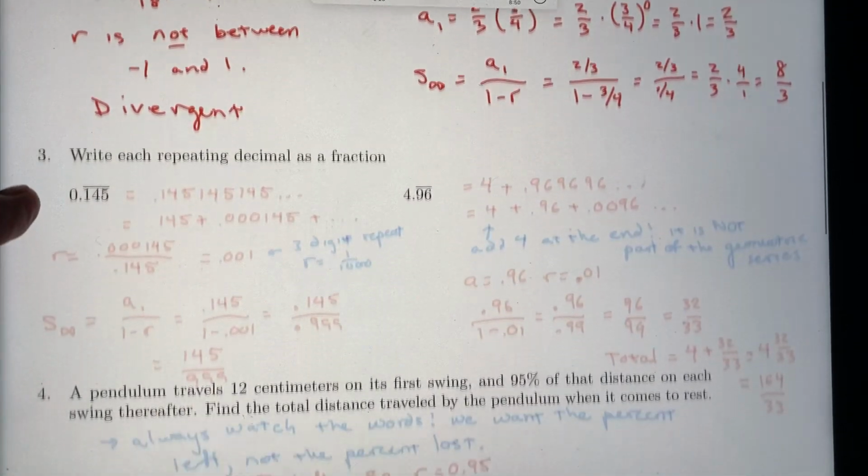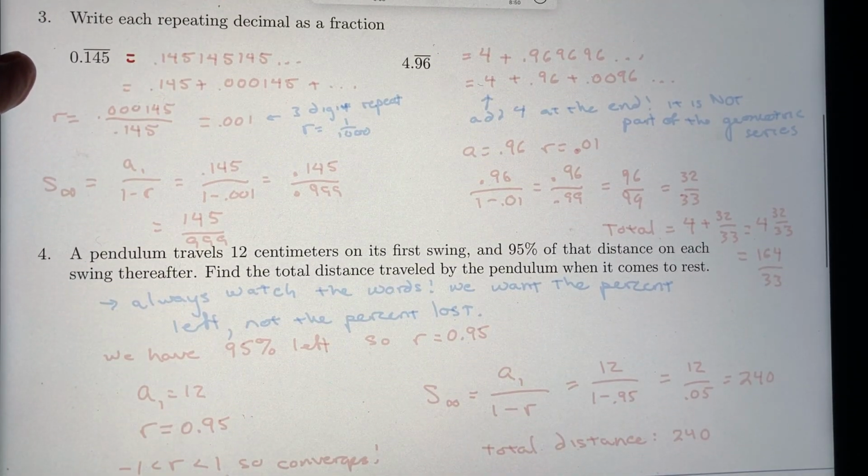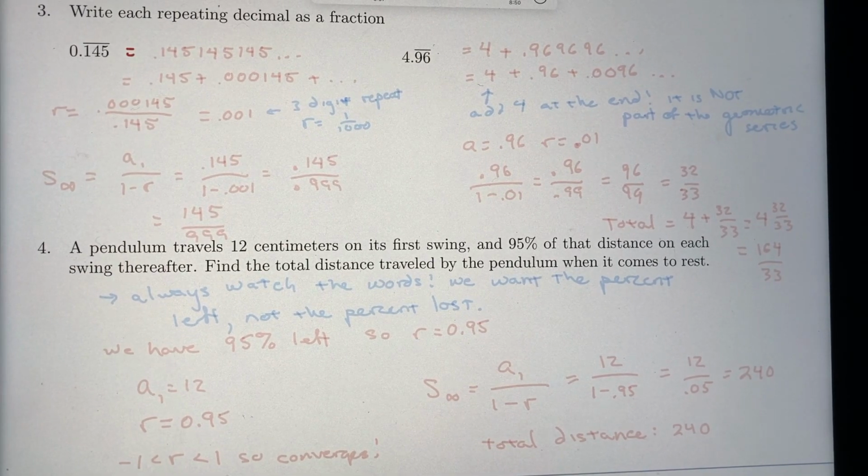Okay, now we can use this trick to figure out what fraction gives a given repeating decimal. So if I have 0.145 repeating, notice that that is 0.145 plus point, how many zeros? 3 zeros to get out of the way of the first 145.